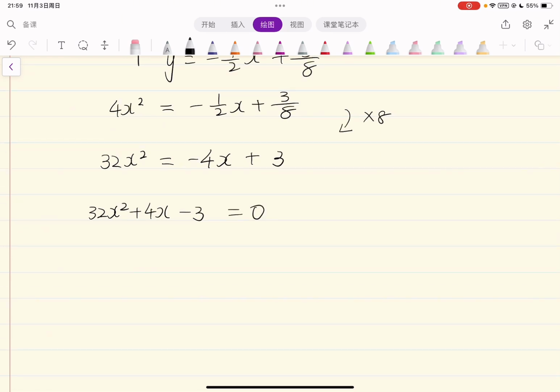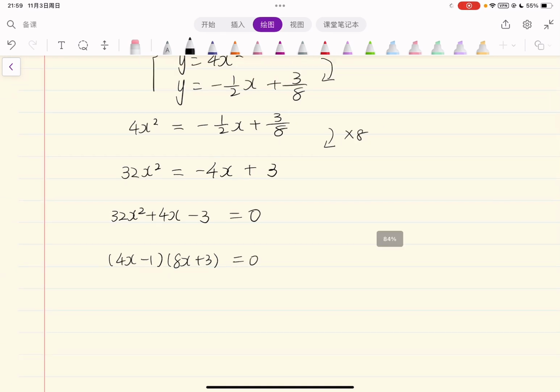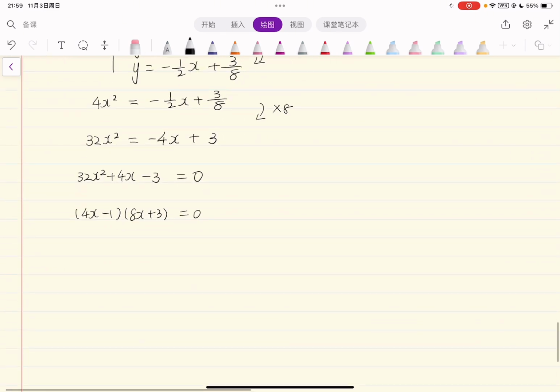You can see that we can factorize the left-hand side. That should be 4x minus 1 times 8x plus 3 equals 0. So we have two solutions. Firstly, if 4x minus 1 equals 0, x equals 1 over 4.